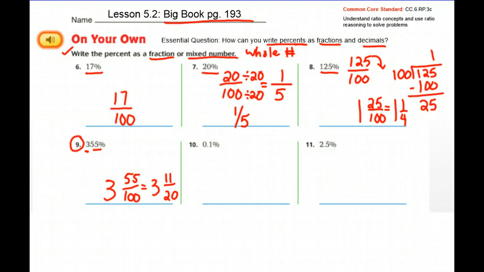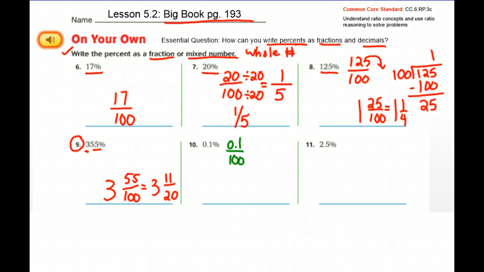Okay, looking at example 10 now and 11, I notice that I have decimal value percents. If you remember back in the beginning, I told you that we always want to operate with a whole number percent. So I'm going to start the same exact way that we began with questions 6 through 9. I'm going to write my percent as a value over 100.